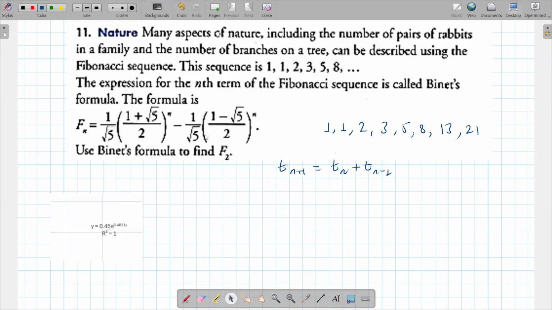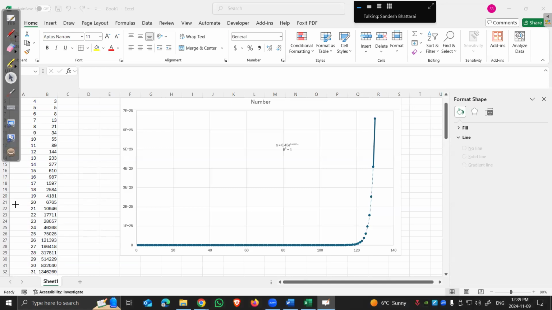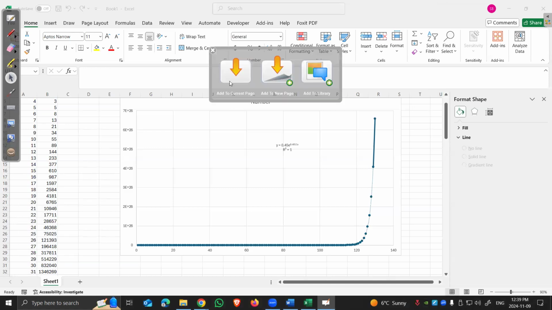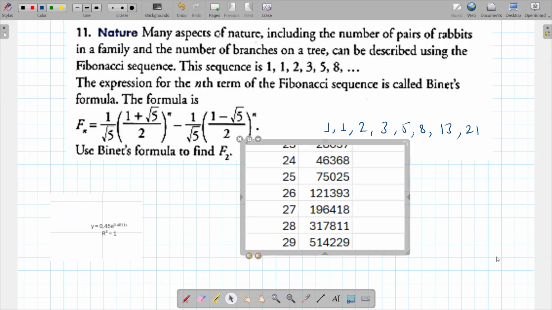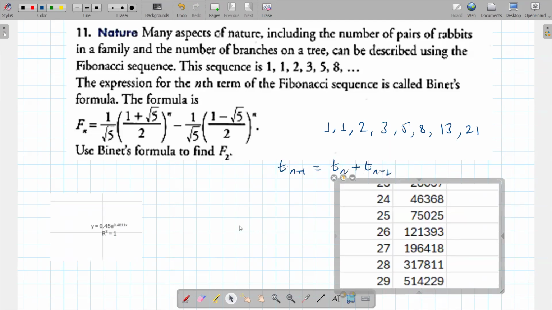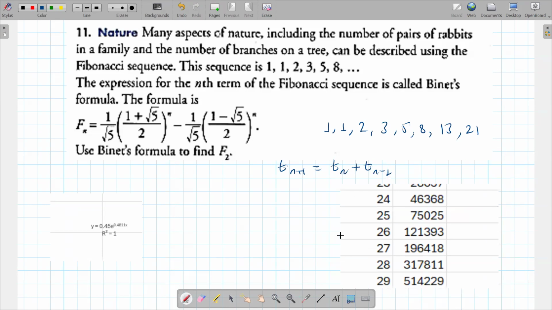So let's check it for some random x value. When the term number is 25, the actual Fibonacci number is 75,025. Let's see how accurate that is. So I'm going to use the formula that we just got from Excel.